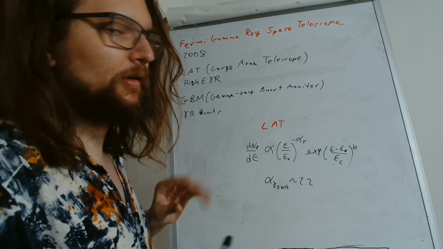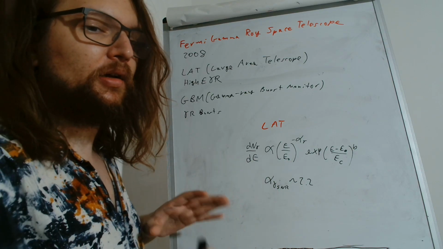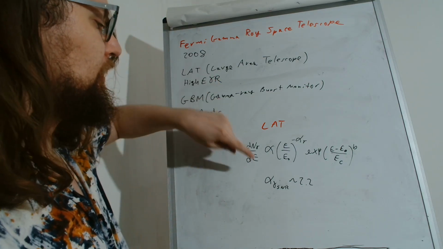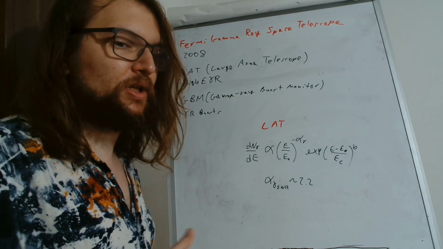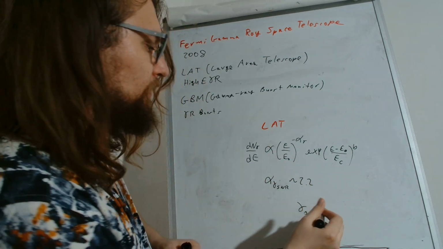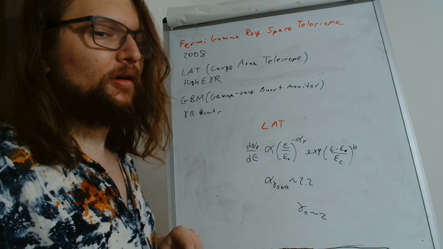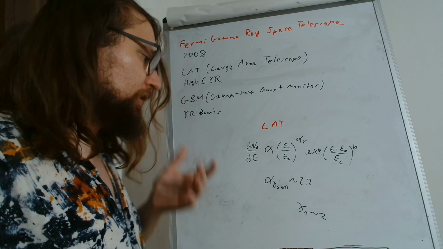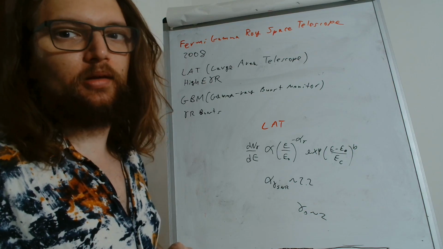And the interesting thing is that it measured the index alpha gamma for various acceleration sites, and the index for supernova remnants is about 2.2, which is pretty close to gamma 0 of about 2, which we calculated with the Fermi acceleration mechanism in the last video. This makes sense because these are photons coming from acceleration of cosmic rays, so it is another piece of evidence supporting the Fermi acceleration mechanism.